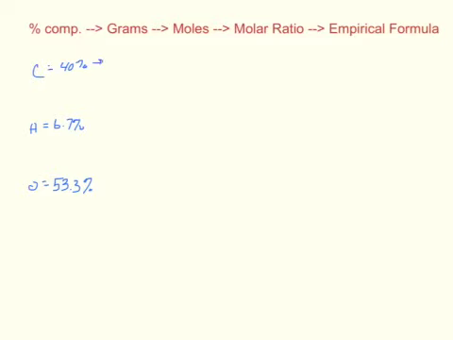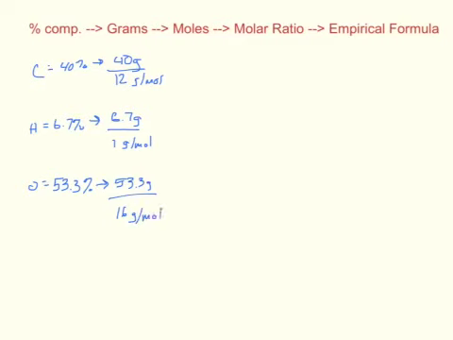So we're changing these to grams, 40 grams, 6.7 grams, 53.3 grams. And remember, next we're dividing each of these by their molar mass, carbon being 12 grams per mole, hydrogen being 1 gram per mole, and oxygen being 16 grams per mole.